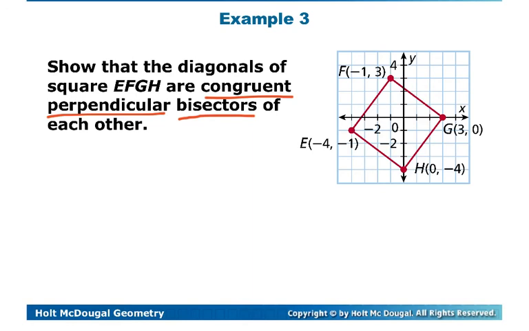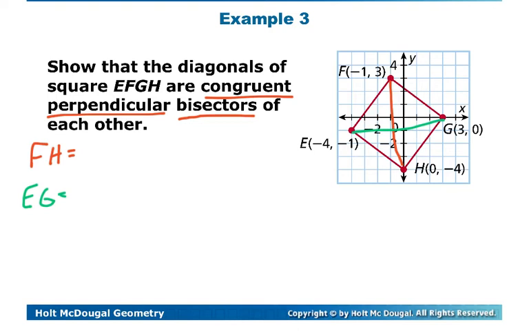So the diagonals are named, I covered it up just now, FH. So one of our diagonals is FH. And so I need to find the length of FH, and I also need to find the length of EG.